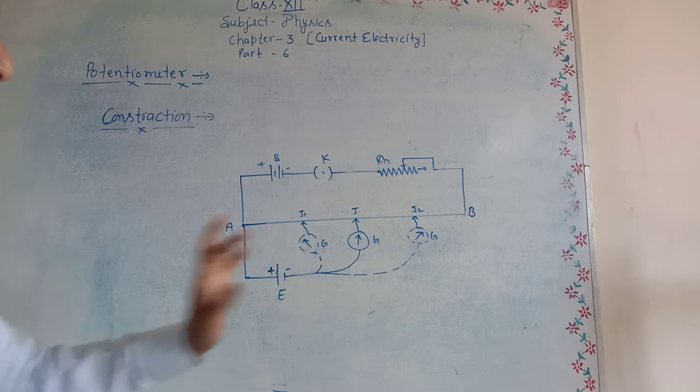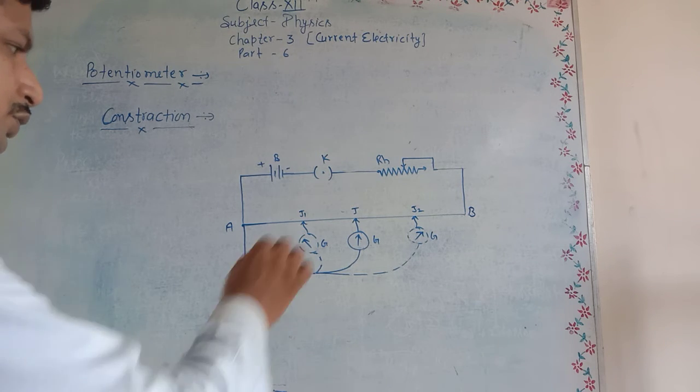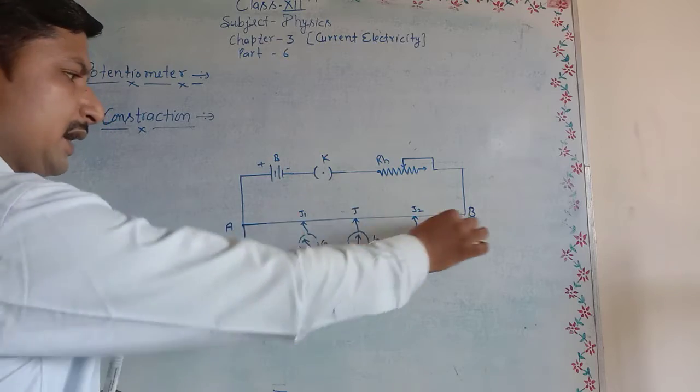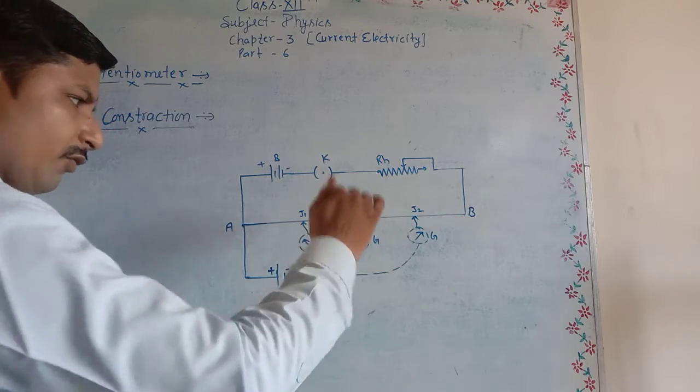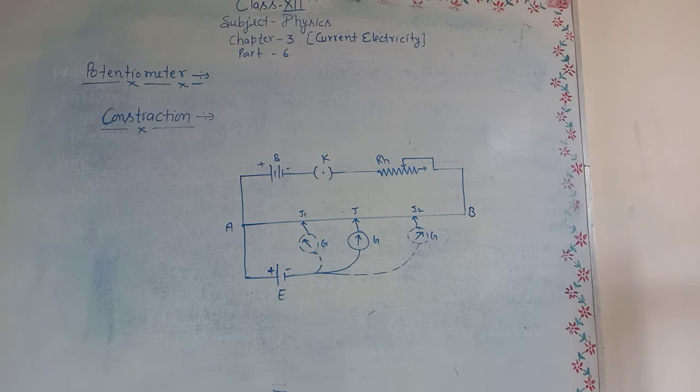Students, the jockey is the sliding point on the wire AB. Then, first of all, the working.